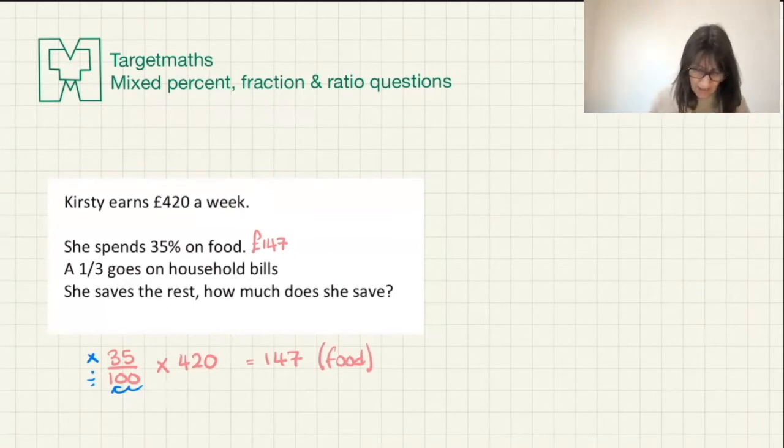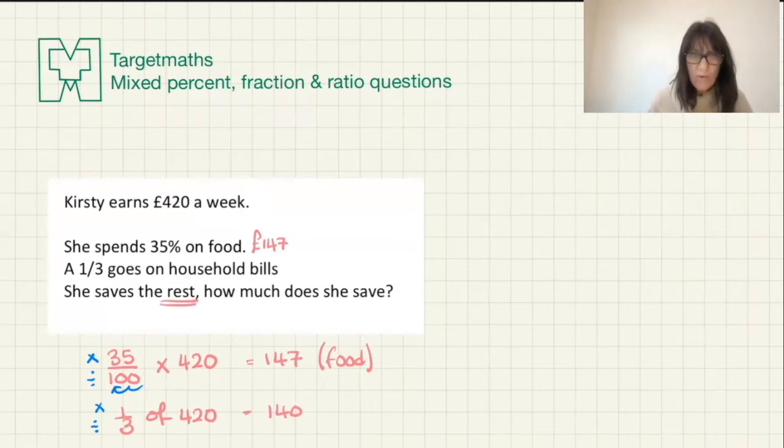So the next part of this question is a third goes on the household bills. So a third of 420 is what I need to find next. Remember, that can just go in a calculator or you divide by the bottom times by the top. This one was a little bit easier to work through, just dividing through by 3. And that's going to give you 140. She saves the rest.